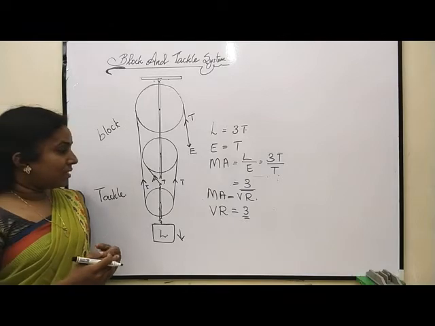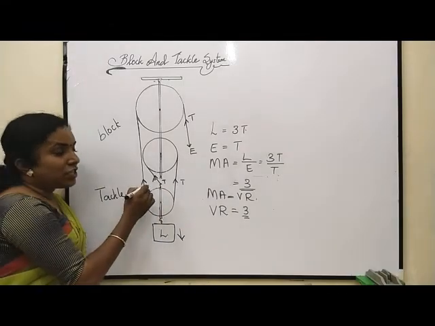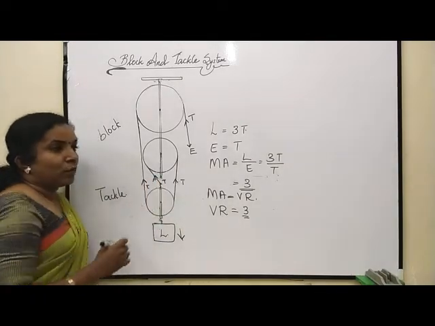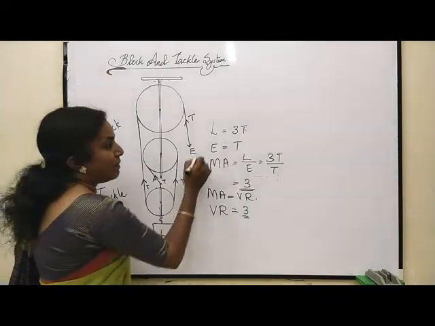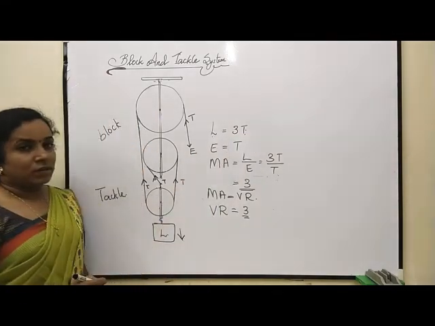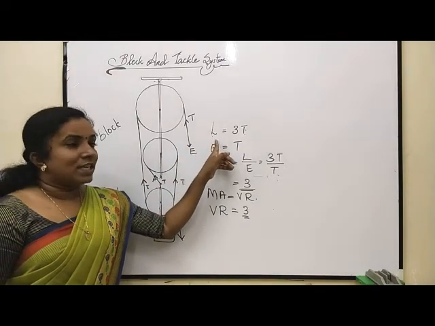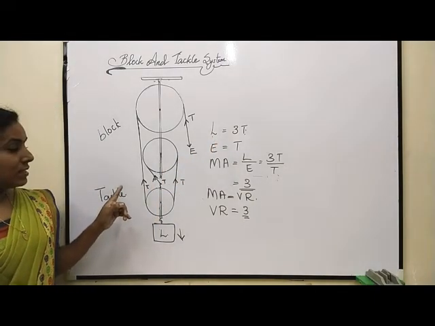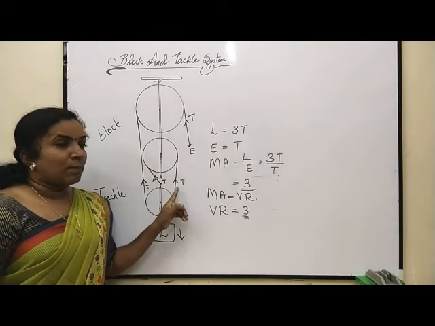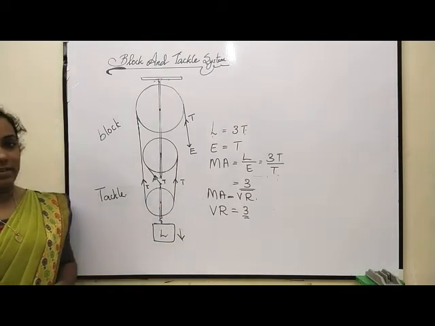So dear students, please note the tension of the number of strands supporting the load is balanced with the load. So here we can directly write load is equal to number of strands supporting the load into tension.